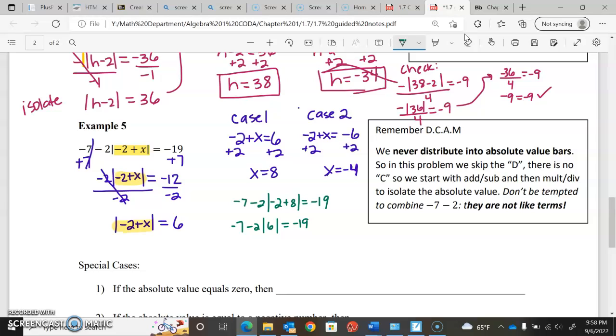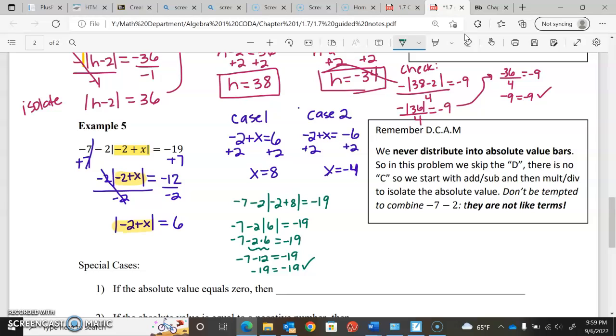Then figure out, what is the absolute value of 6? Well, it's +6. This is multiplication here, -2 times the absolute value of 6. So -7, -2 times 6 is -12. -7 minus 12 is -19. So x equals 8 checks out.